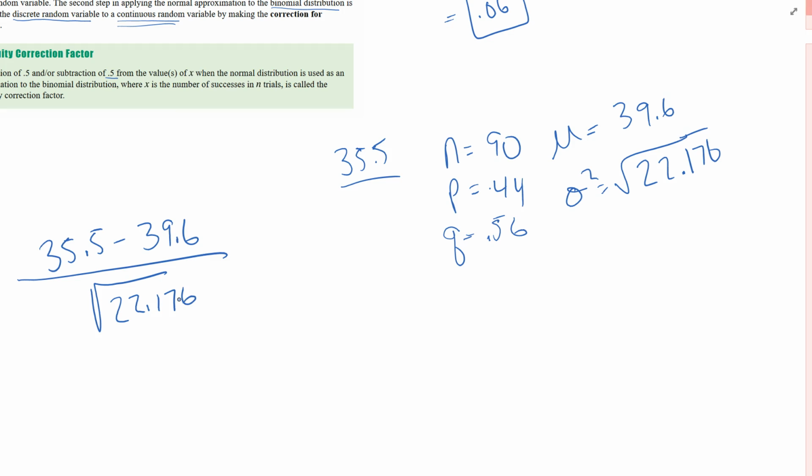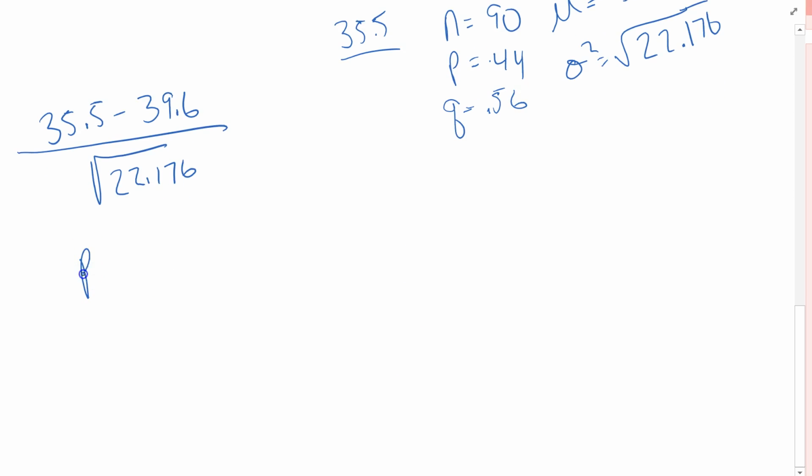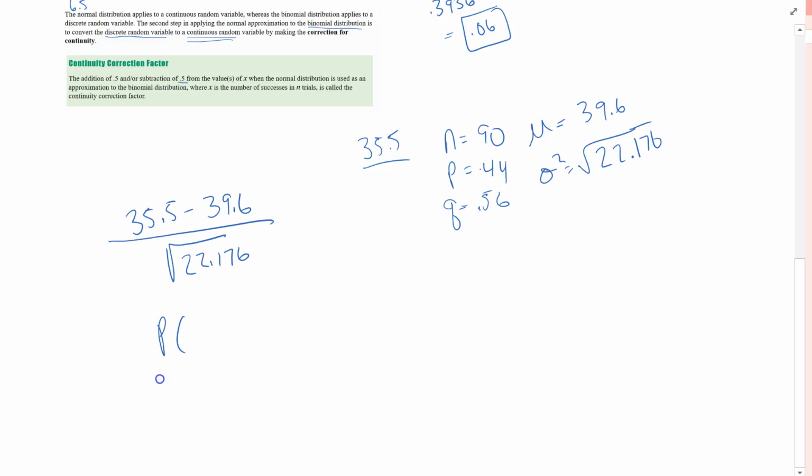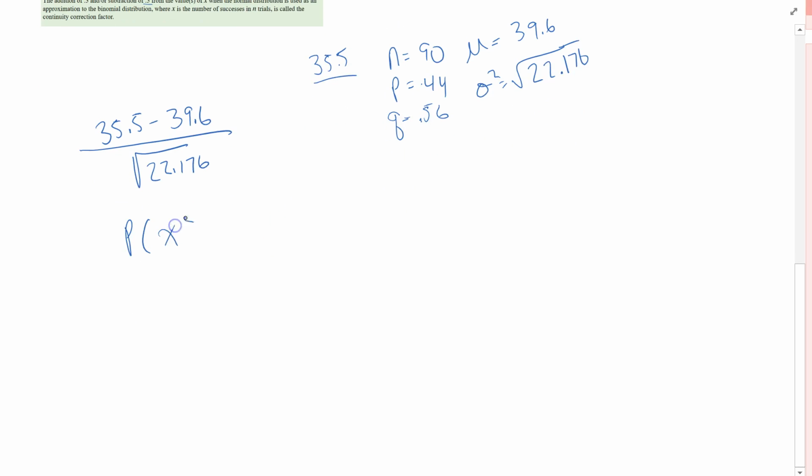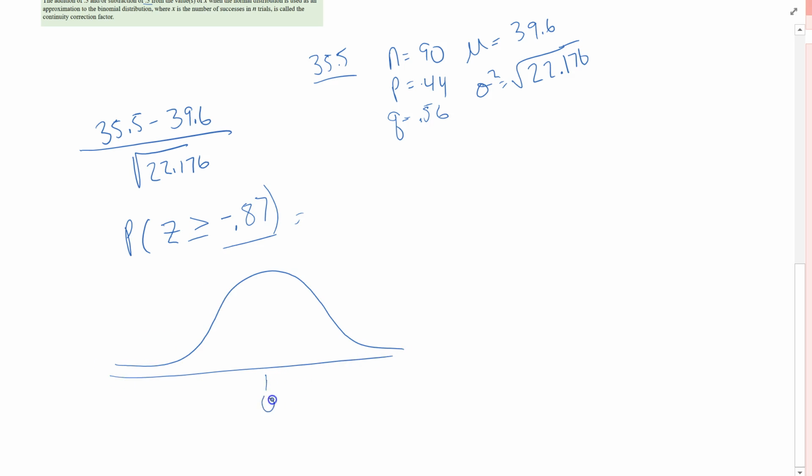And that gives me the probability that the z value is greater than or equal to negative 0.87. So if I look at the normal distribution curve, this would be 0, right?